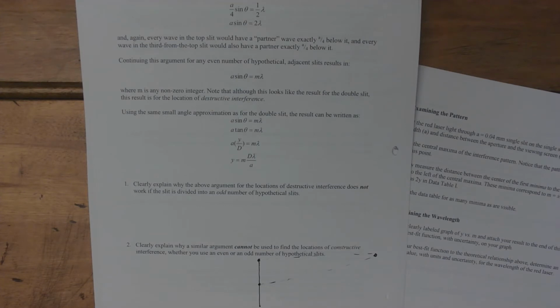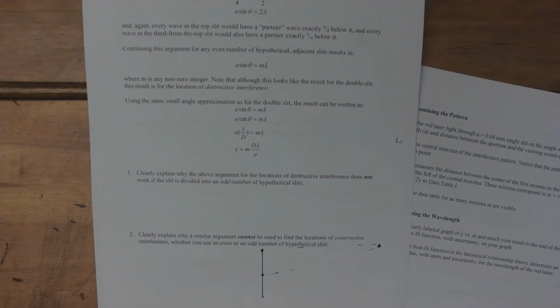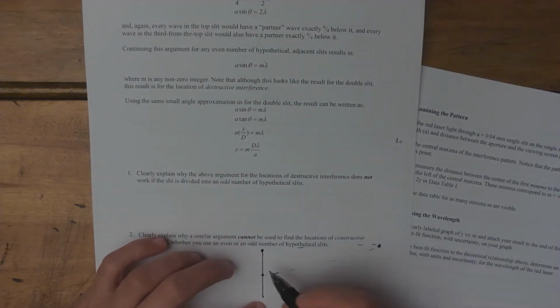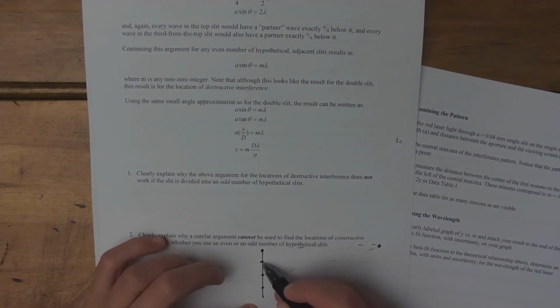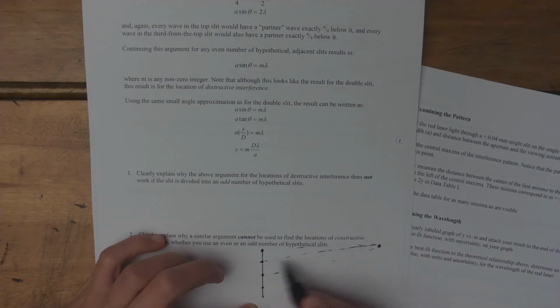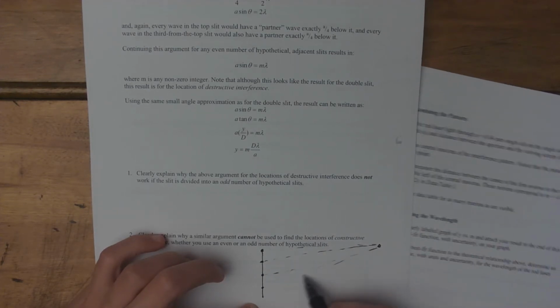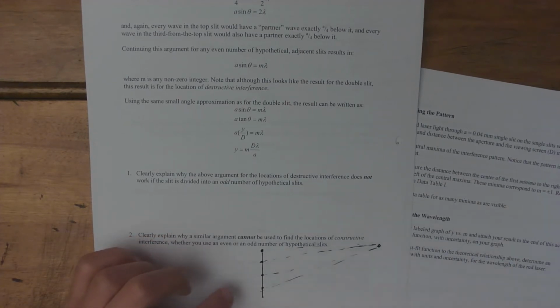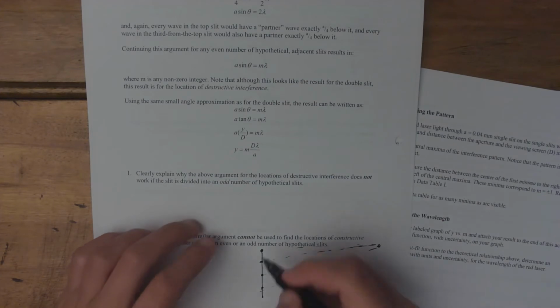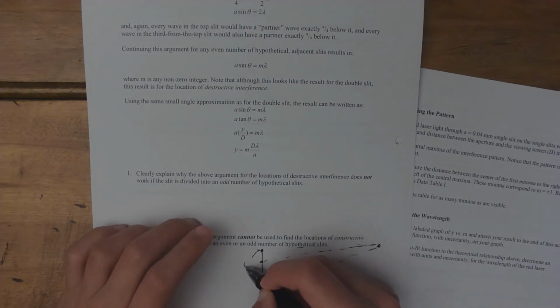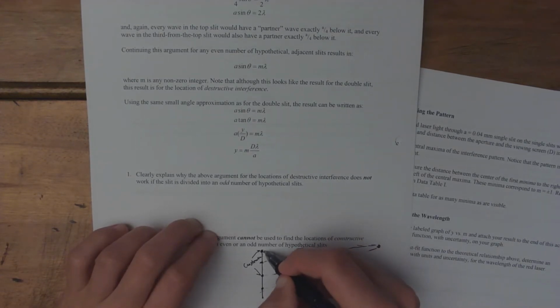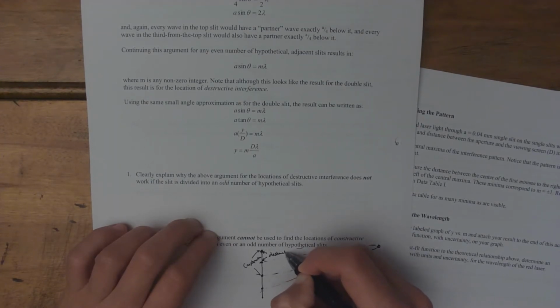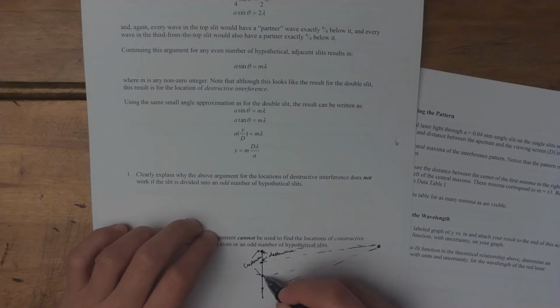Well, it doesn't work because if you use the argument that they gave you before for destructive interference, after you already broke the slit into two separate pieces, then you'd have another piece, another point here, the light's coming over here, the light's coming here, and it could be that if these two are constructive, that this one and this one are destructive, and this one and this one are destructive.